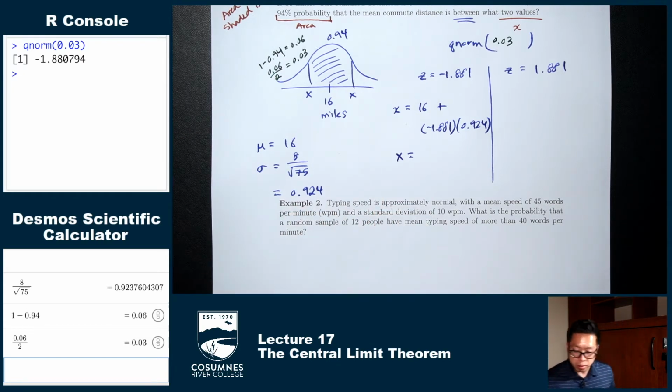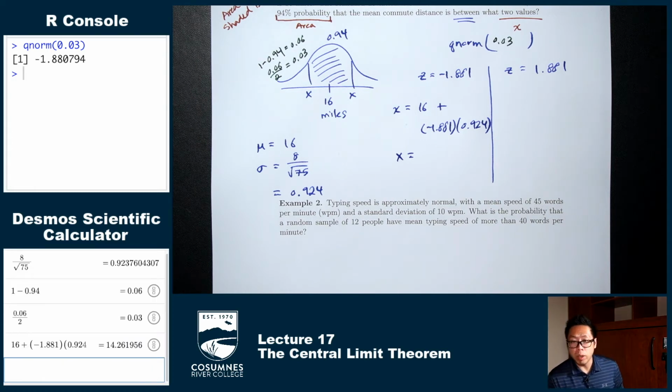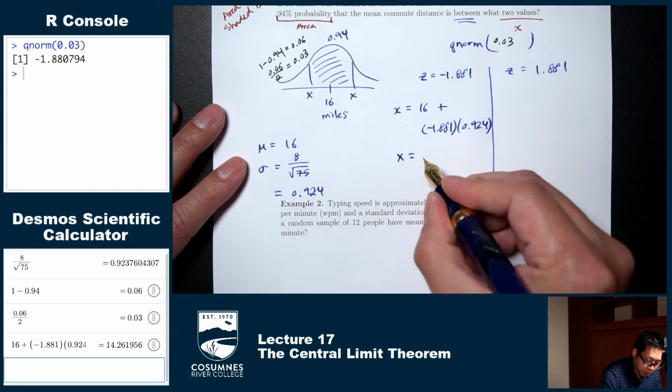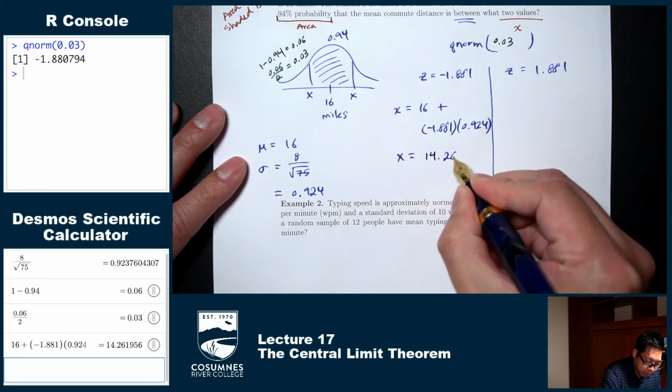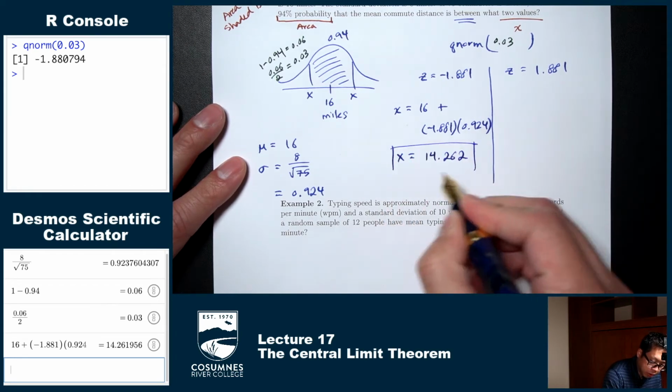All right, so let's enter that into a calculator. 16 plus negative 1.881 times 0.924 is 14.262. Okay, that's one of the answers I want.